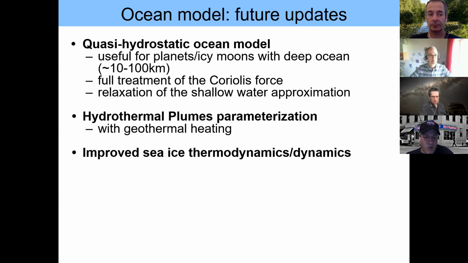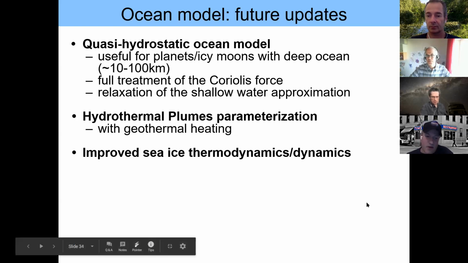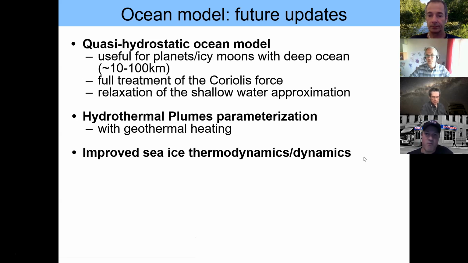And finally, we haven't spoken yet about the sea ice, but the sea ice is part of the ocean components. There are a lot of improvements coming to the sea ice, both on the thermodynamical side.